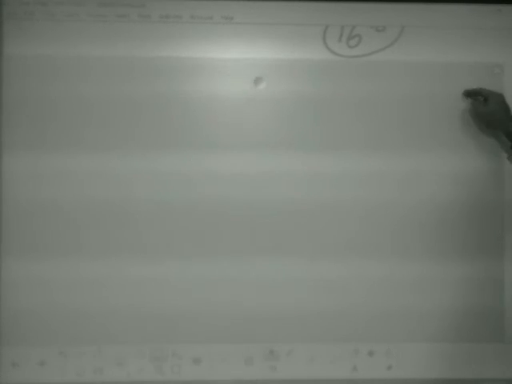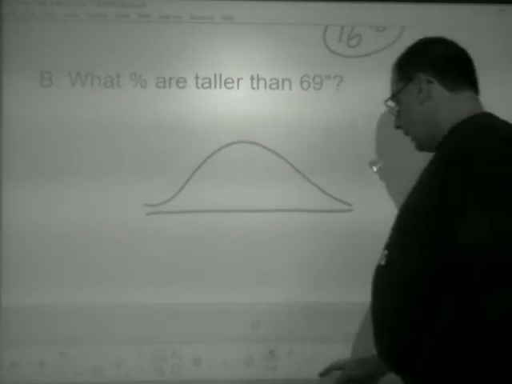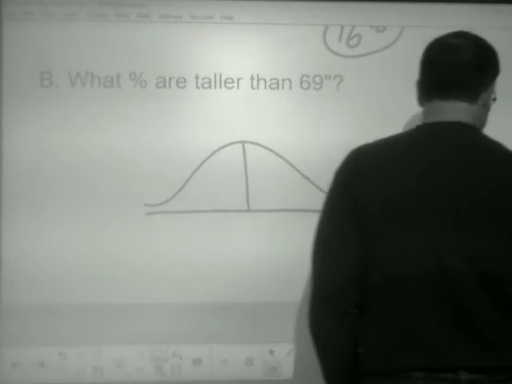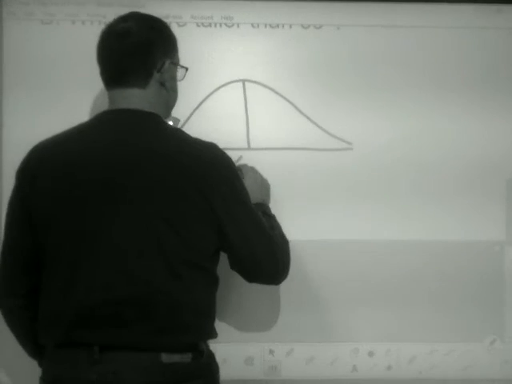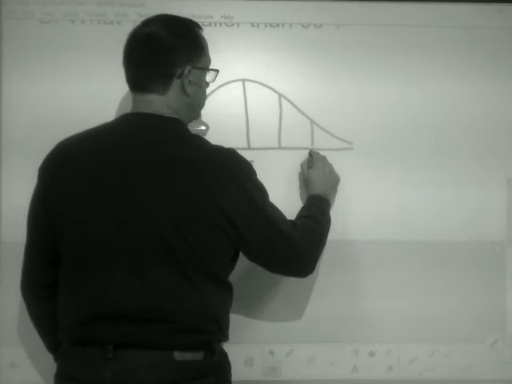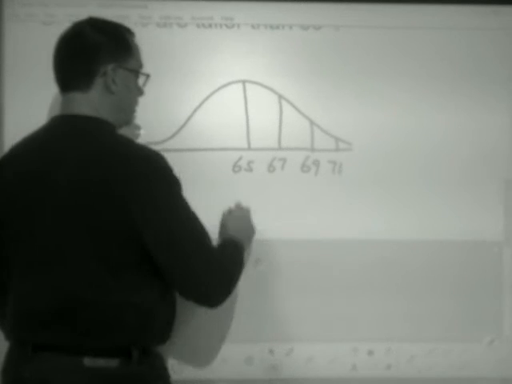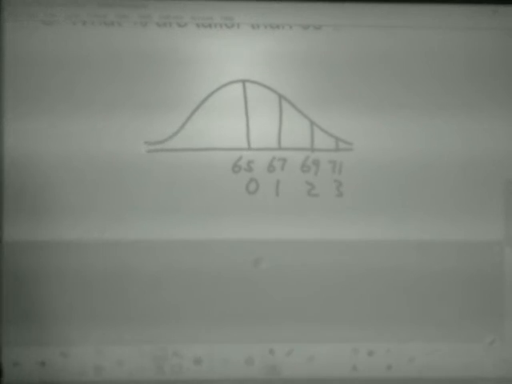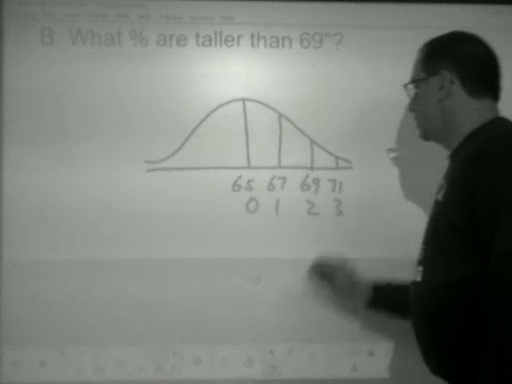Let's take a look at a couple more. Taller than 69 inches. Well, I have to draw a new curve. I can't just use the same curve every time. So again, my mean was 65, same mean. So here's 65, and then I go 1, 2, 3: 67, 69, 71. 0, 1, 2, 3. You have to have that every time. So taller than 69, that's over here.